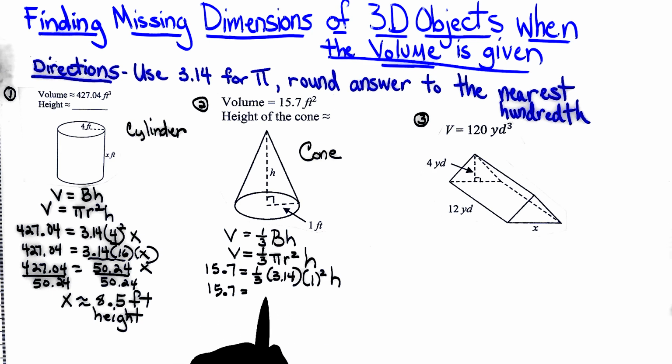So I am going to go ahead and multiply my 1/3 times 3.14 right here. And I end up with 1.047. And that's rounded because 1/3 is 0.3 repeating. So I just kind of wrote down to my thousandths place there.